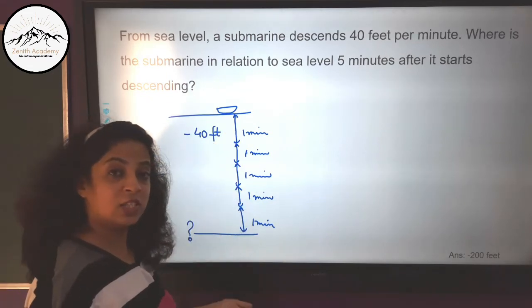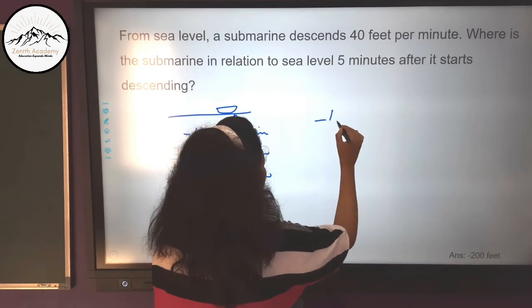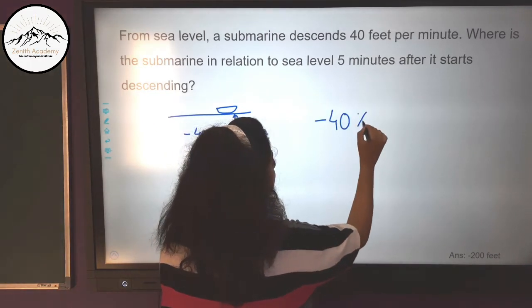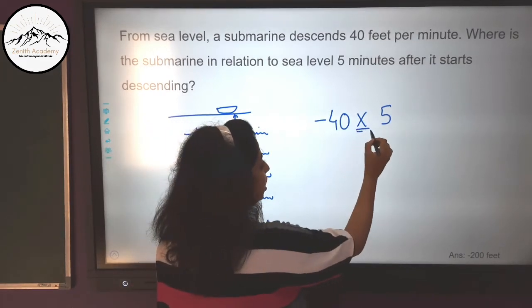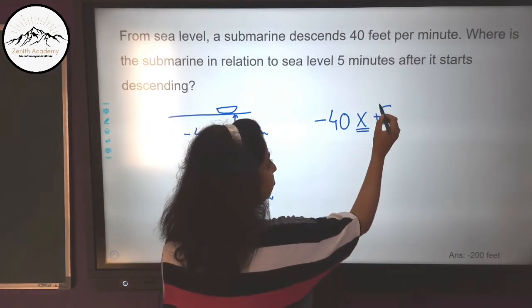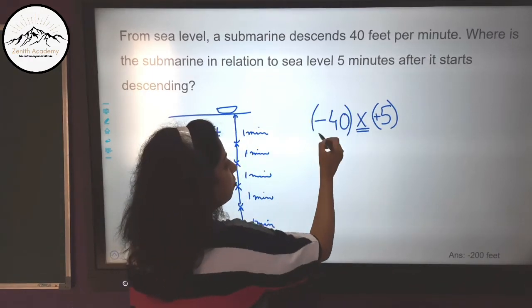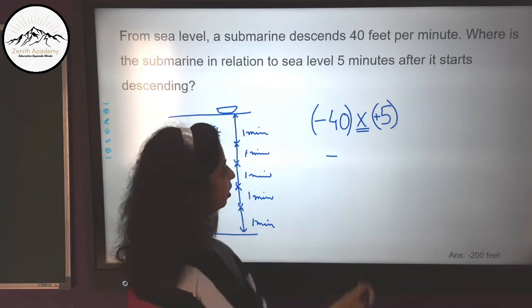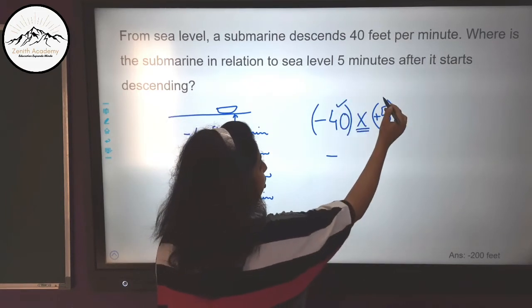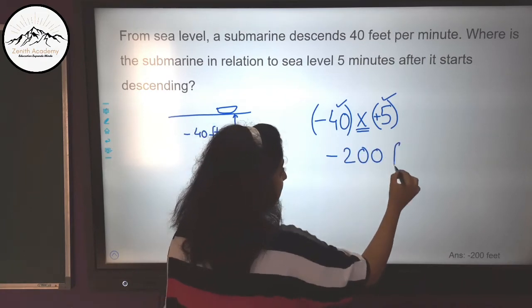So from this, you clearly know that it is a sum of multiplication. So you will do minus 40 into 5. This is a negative sign and this is a positive sign since no sign is given. So when you are multiplying two different signs, the answer will be negative. And then just take the number 40 into 5. So it will be minus 200 feet.